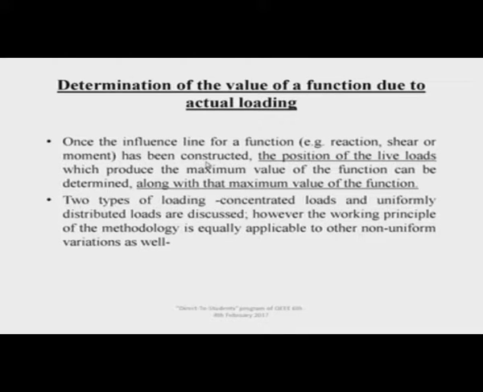The position of the live loads which produce the maximum value of the function can be determined, along with that maximum value of the function itself. That means you are determining two things: one is where that function becomes maximum, and also what is the maximum value of the function.